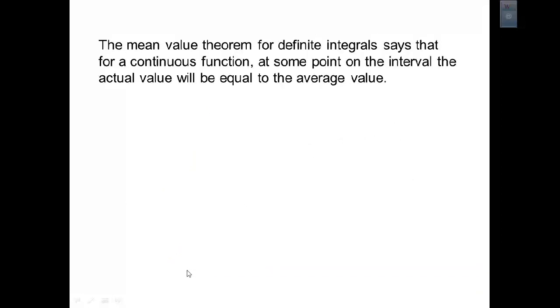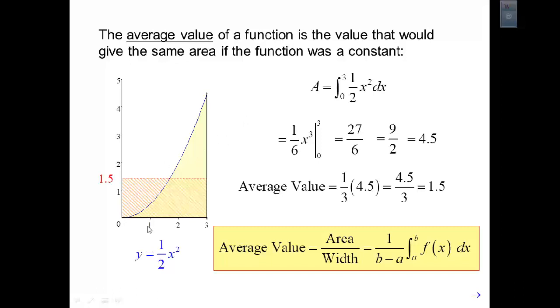All right, now the mean value theorem for definite integrals, yes, there's another one. This one's not used anywhere near as much as the derivative one. It says that for a continuous function, at some point on the interval, the actual value will be equal to the average value. Looking back at our problem, the mean value theorem would say that the average value and the function value have to be equal somewhere in the interval.